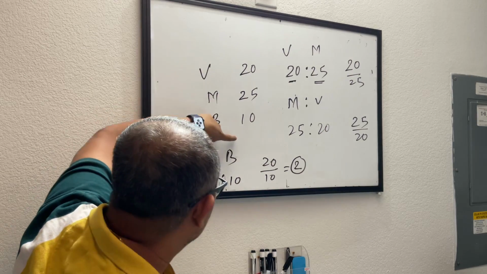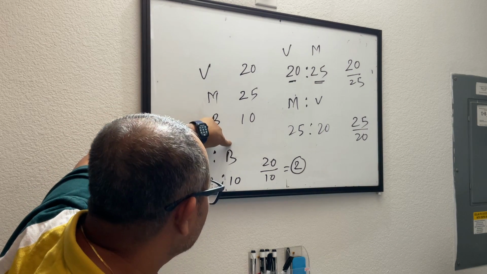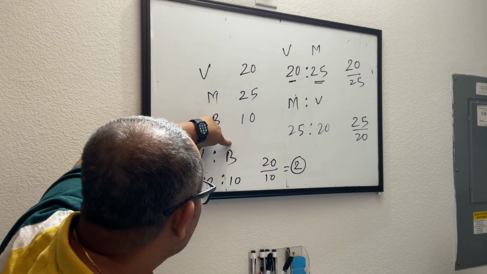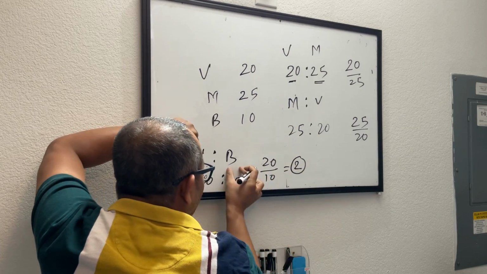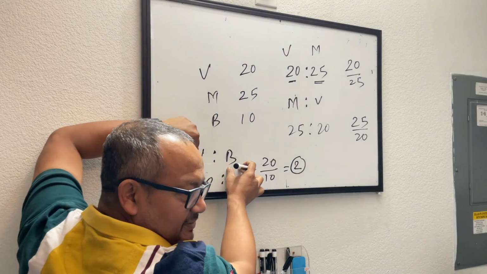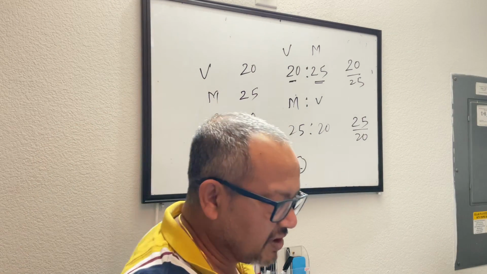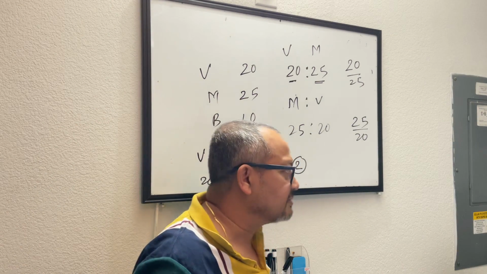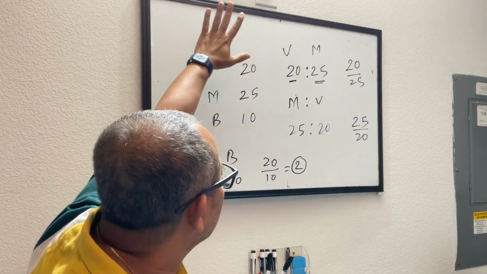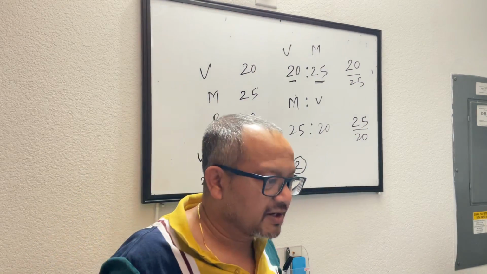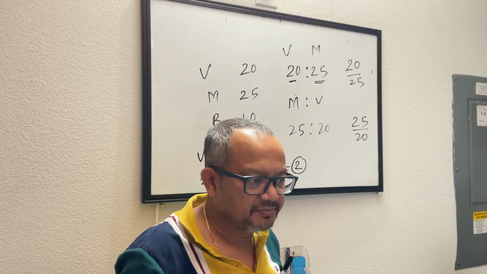So the ratio is 2, or Vivan has 2 times the value I have, 2:1 also. So this is just a comparison. We'll look at the problems and that will make it more clear. But the summary is, ratio just gives you a way to compare any two numbers.